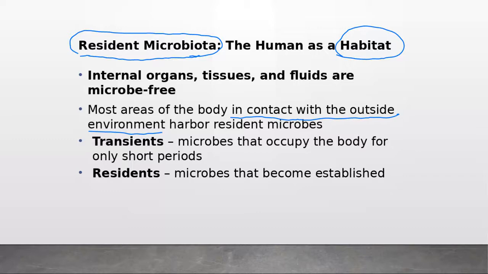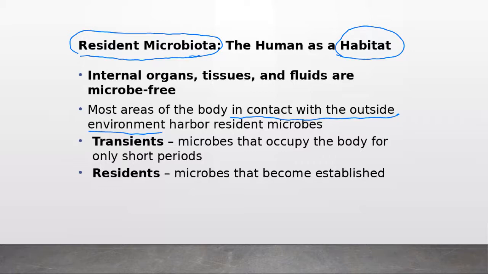And even the intestine is considered part of the body that also contacts the environment. Therefore, there are also some resident microbiota that live in our intestine, especially the large intestine or colon.